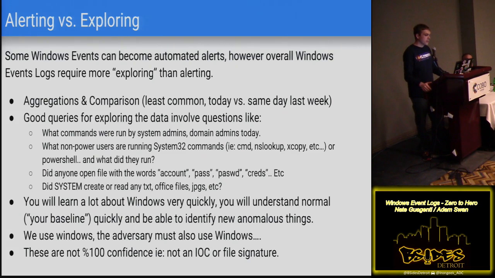Another thing that we didn't really think we would see when we first started is with the command line details on process creation, which is event 4688. You can get the command line details. So anytime someone opens up a notepad document through Explorer, that notepad document is recorded, right?